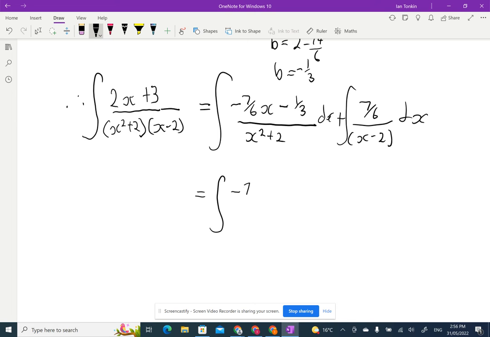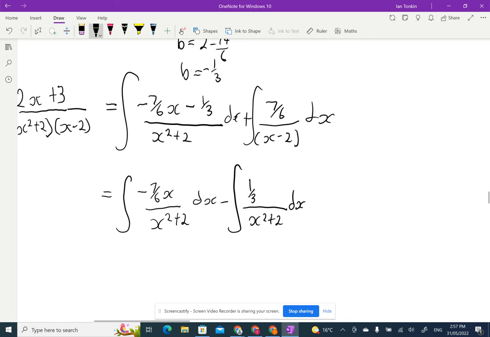I'm going to get minus 7 on 6 x over x squared plus 2 dx, and then I'm going to get minus a third, and I'll take that minus out of the sign, so minus the integral of a third over x squared plus 2 dx, and then I'm just going to take that 7 on 6 out, plus 7 on 6, the integral of 1 on x minus 2.